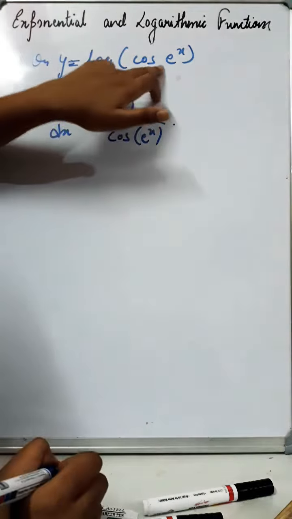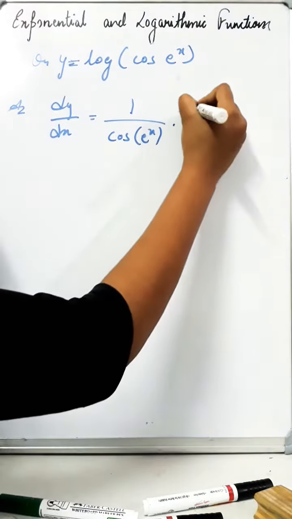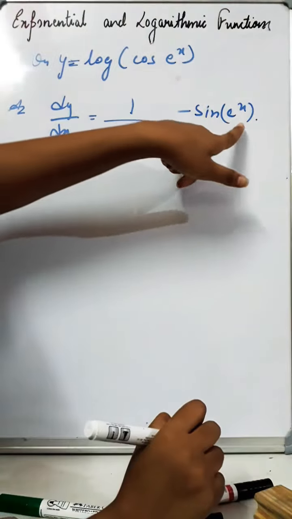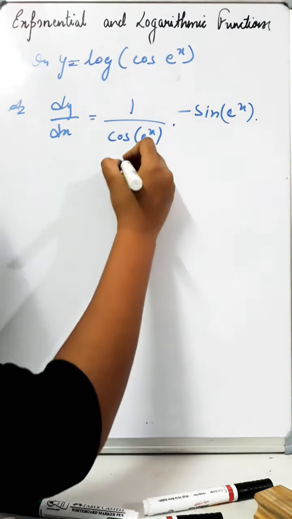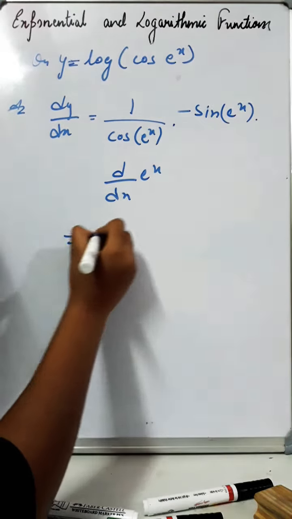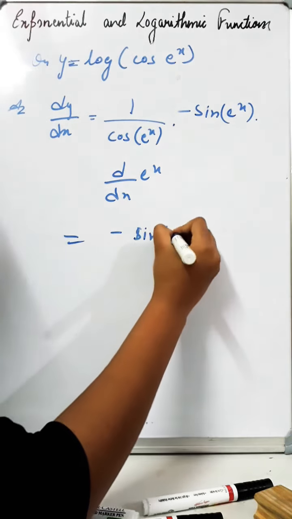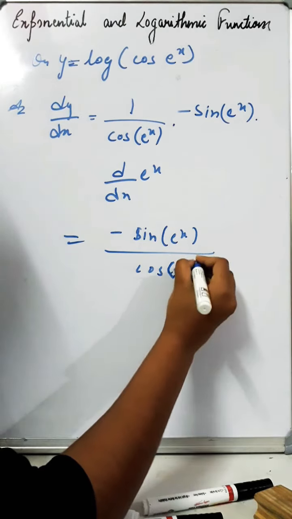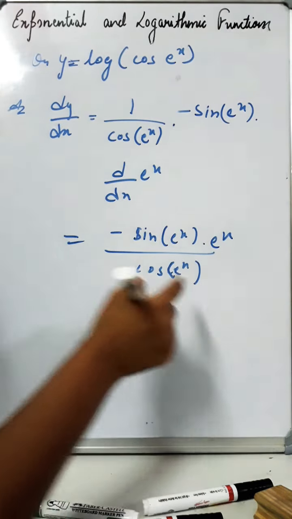But this term is further differentiable with respect to x, so minus sine e to the power x. Alright, now e to the power x is further differentiable, that means you will differentiate e to the power x also, d by dx of e to the power x. Alright, so overall it gives you minus sine e to the power x upon cos e to the power x, and d by dx of e to the power x is also e to the power x. So this is your complete answer.